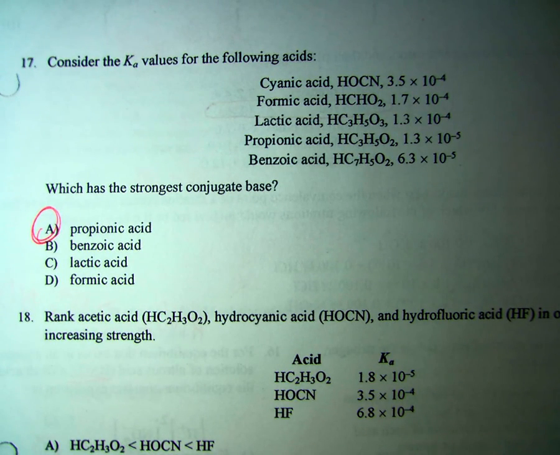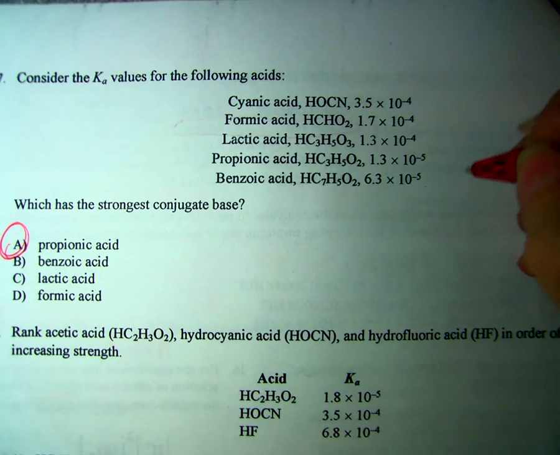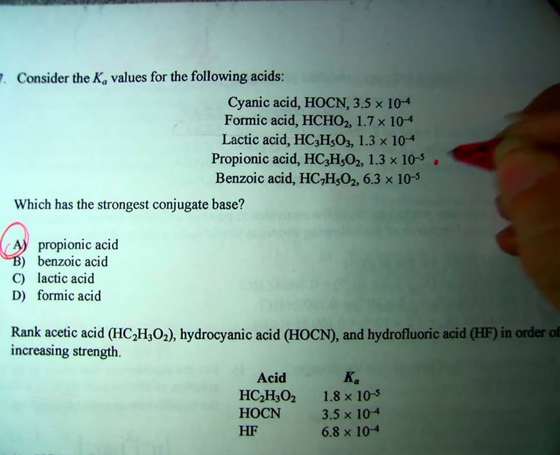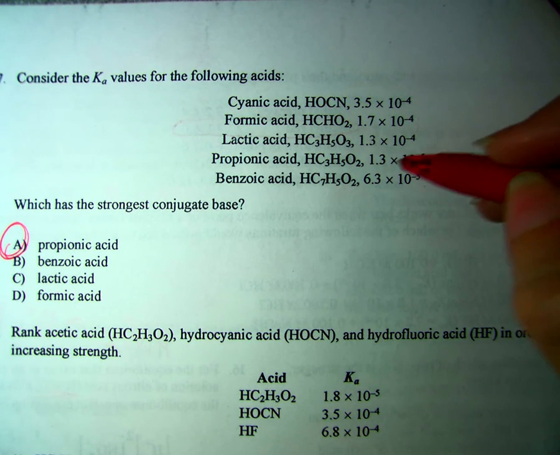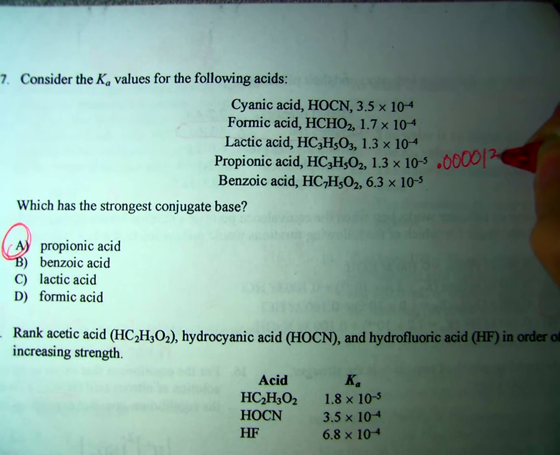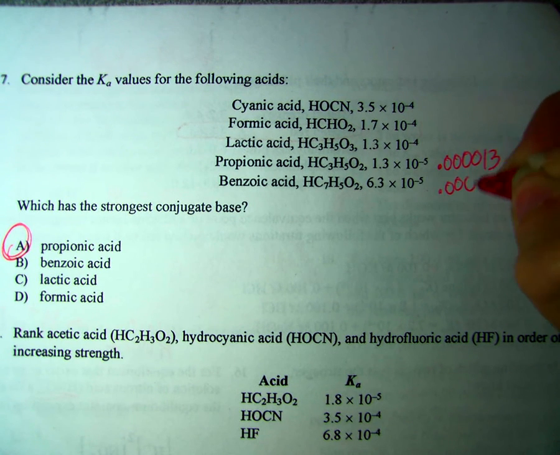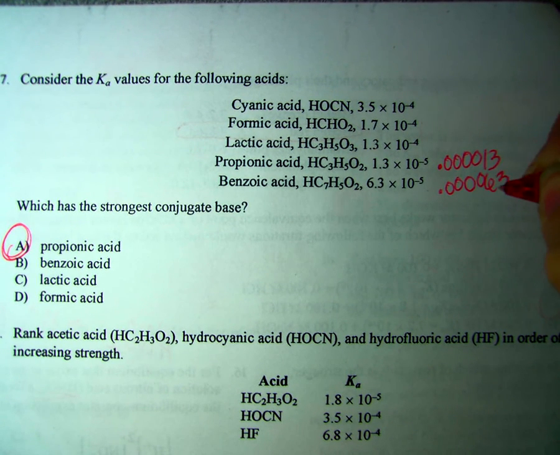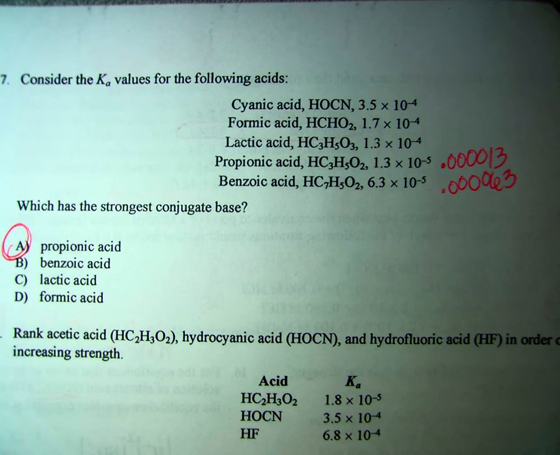Because it's 1.3 and the other one's 6. Because look, if you move this 5 decimal points, that's 0.000013, and this would be 0.000063. Which one's smaller? So you said 1.3, right? Yes.